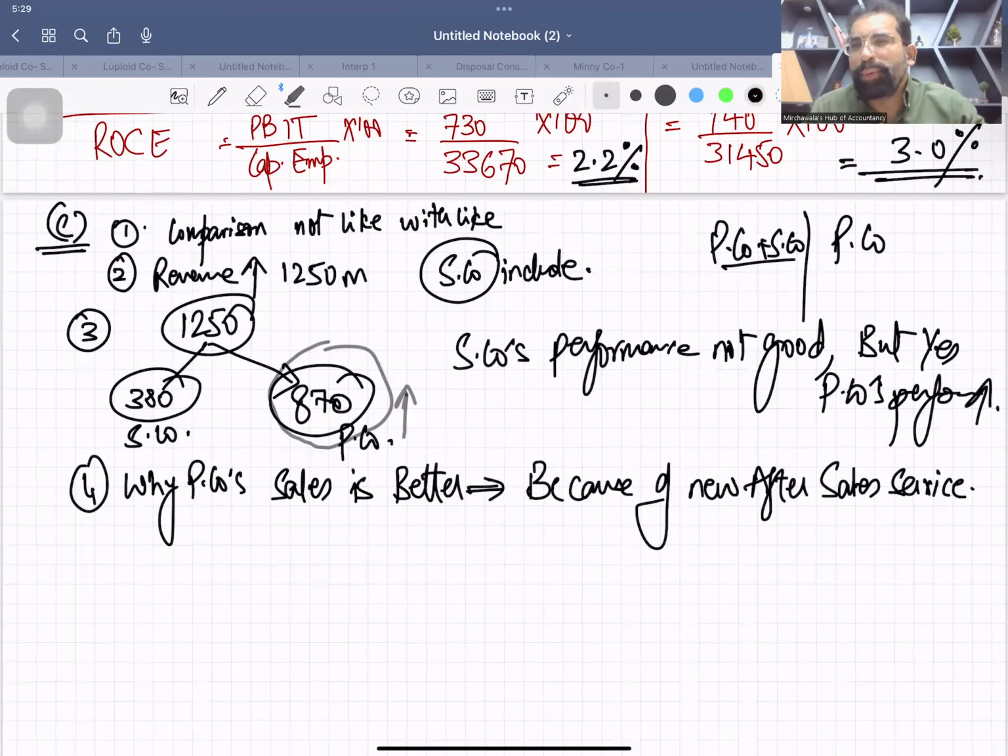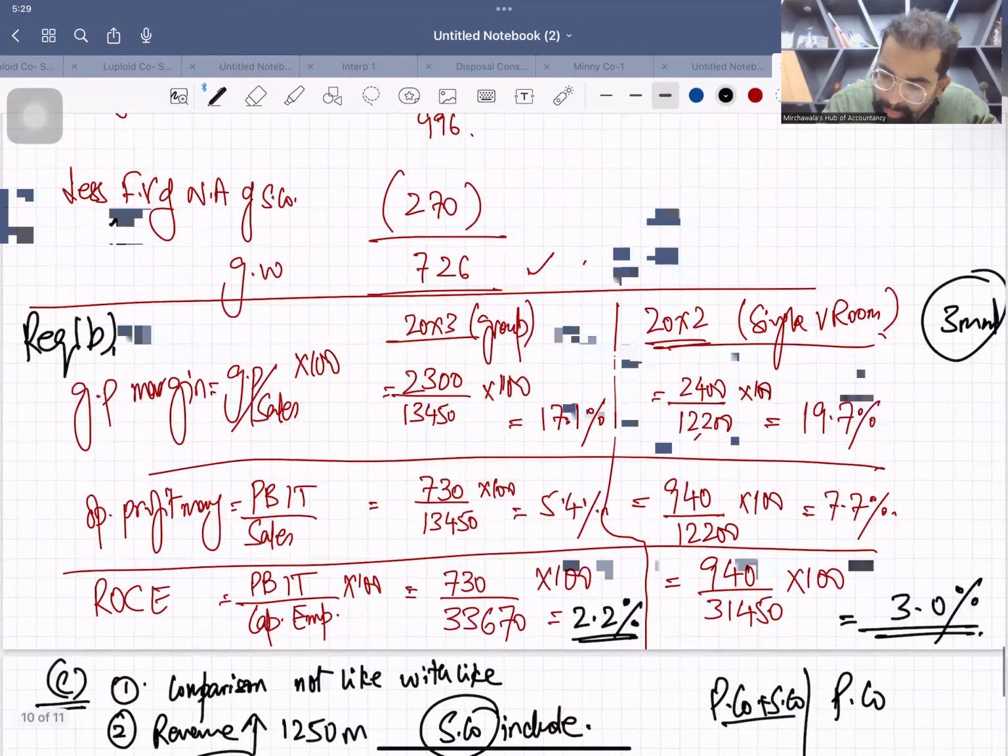Then number five, you can write upon the margin. Can you see the GP margin went down from 19.7 to 17.1.